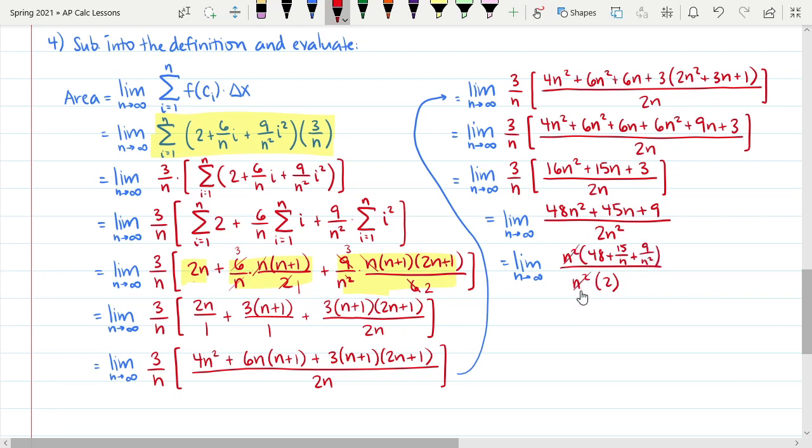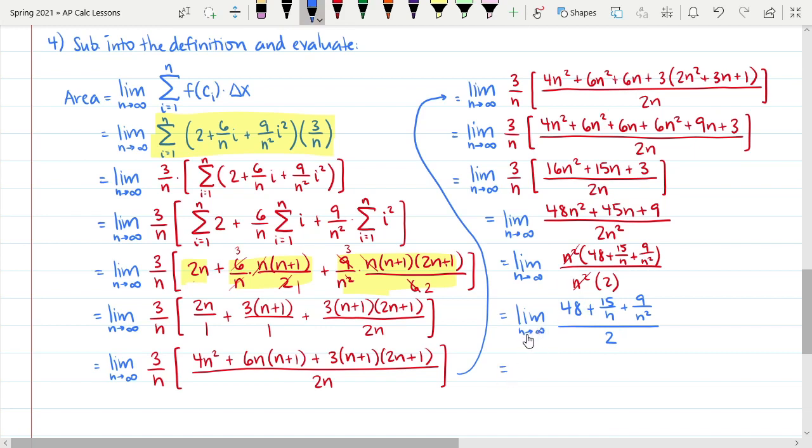So that those n squares cancel out, and then finally we get the limit as n approaches infinity of 48 plus 15 over n plus 9 over n squared all over 2. And then now, remember, as n approaches infinity, we can now evaluate each of these limits term by term.